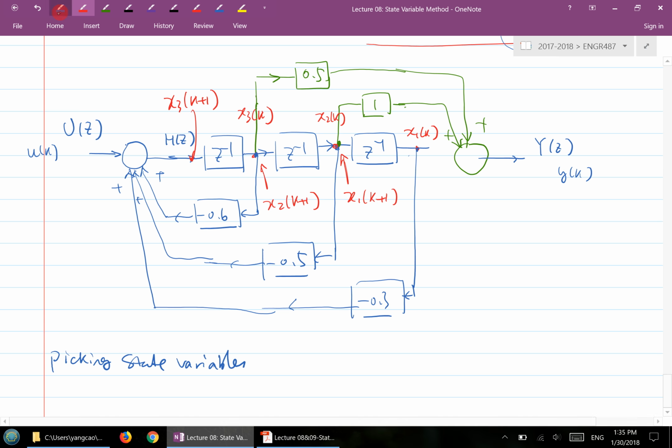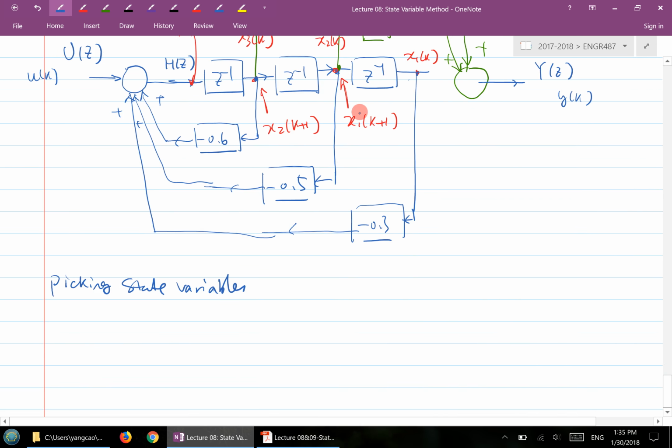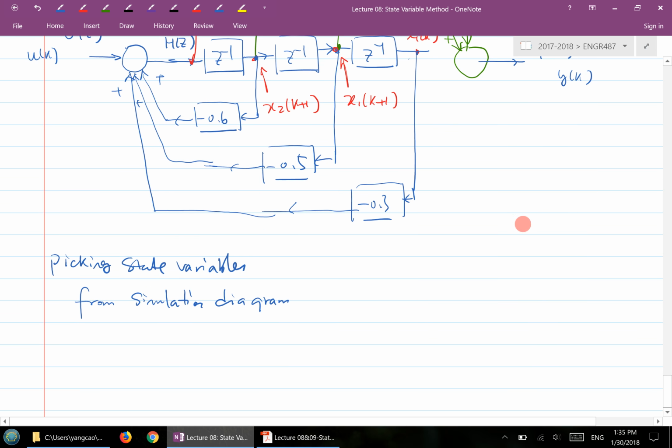So now I'm ready to write down the difference equations for each one of the state variables, right? By looking at this simulation diagram, from the simulation diagram, let's look at our state variable equations. First, let's look at the first one.